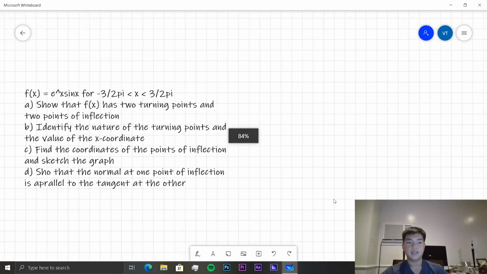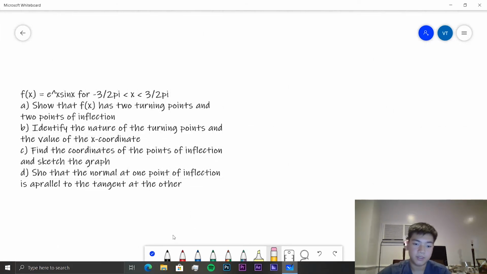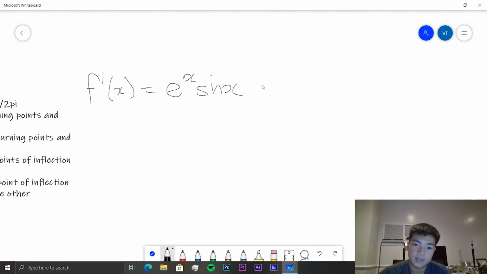e to the x sine x. Okay, so 2 turning points, 2 points of inflection. Let's get the derivative. f prime is equal to e to the x sine x plus e to the x cosine x.